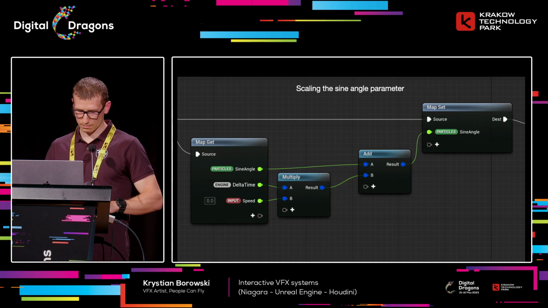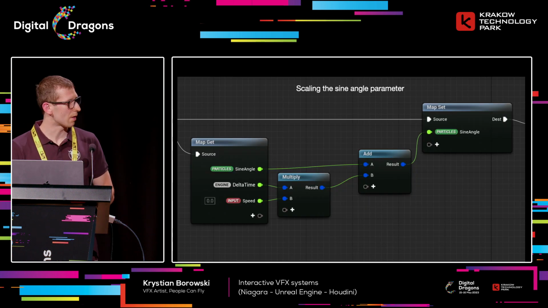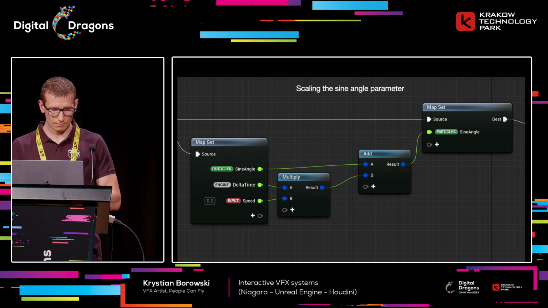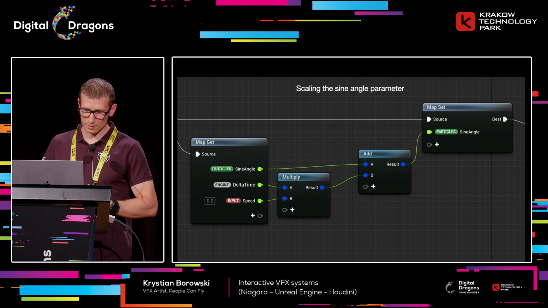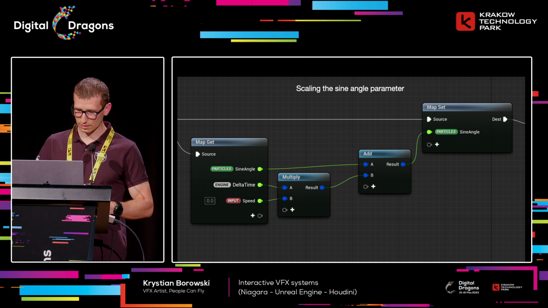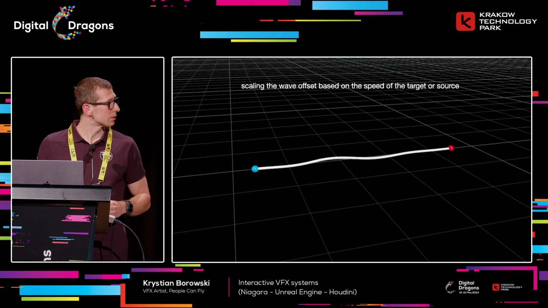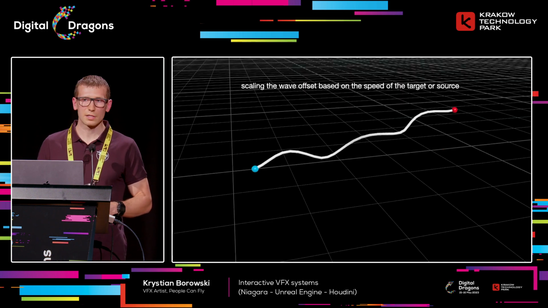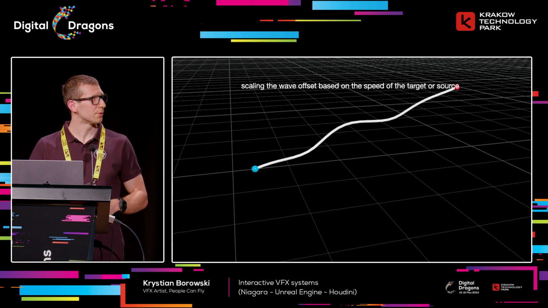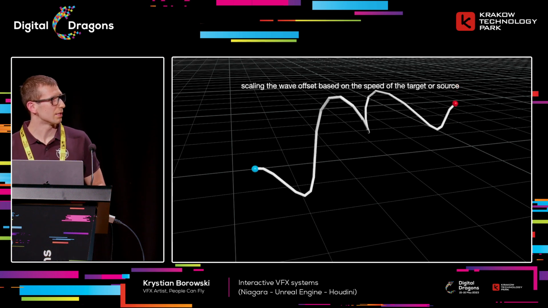And going back to the sine angle parameter, it was used as an input to drive the sine function, right? And the speed input can be increased for a small period of time. This is what I was talking about, right?